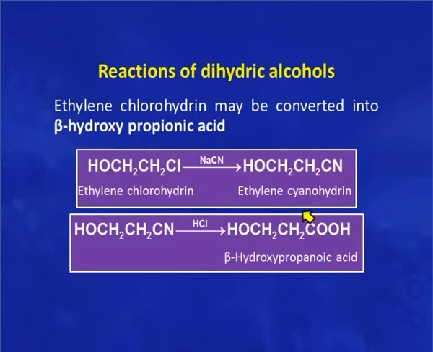Here, if you look at this molecule, it has 2 carbon atoms, and here we have prepared a molecule which has 3 carbon atoms. So, this is a very good synthetic method for the conversion of 2 carbon alcohols into 3 carbon hydroxy acids.